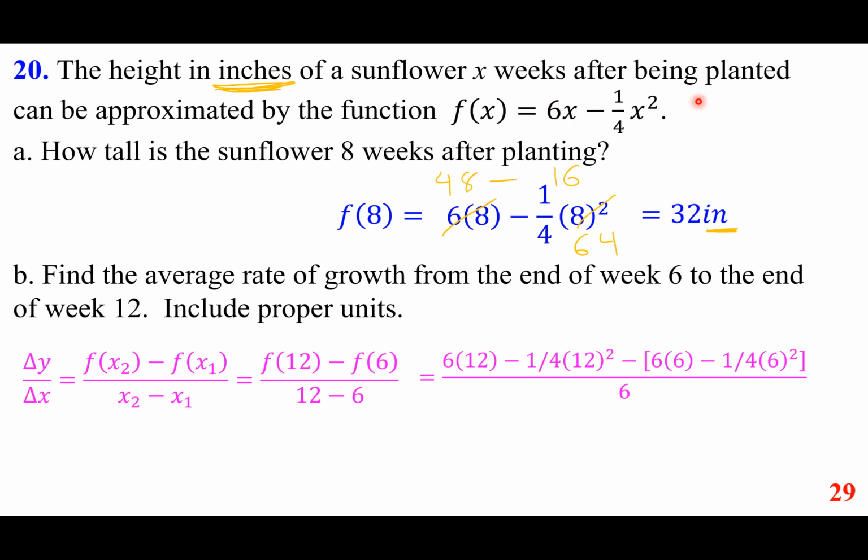And we need to evaluate this. It's elementary algebra. So this is 144 divided by 4 gives you 36. So we have 72 here minus 36.